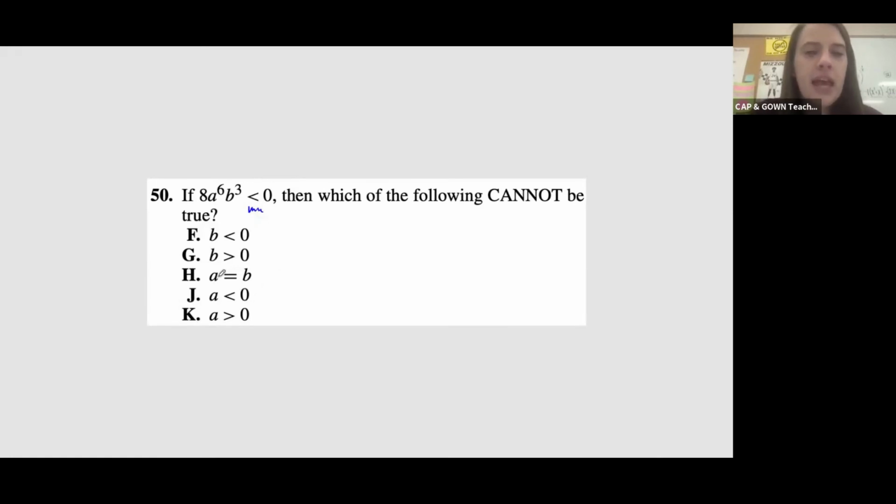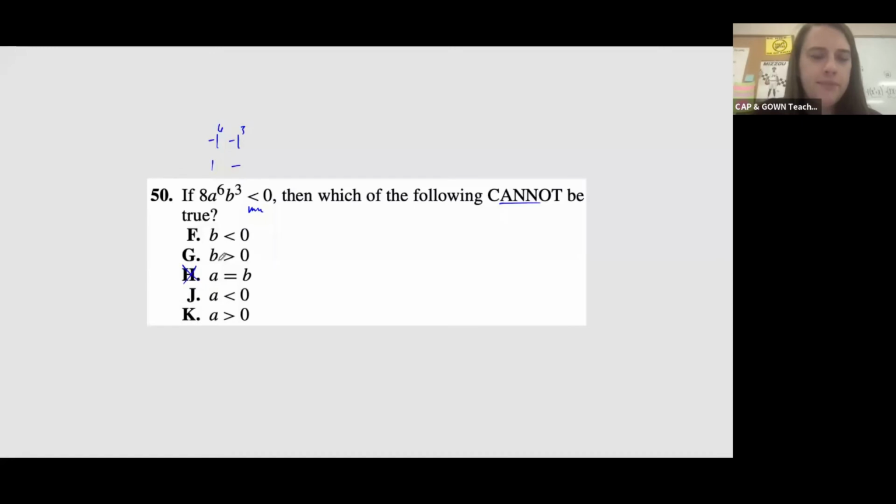If A were equal to B, and I made them both negative numbers, -1 to the 6 would end up being +1, but -1 to the 3rd is going to be negative. So that could be true, but we're asking for cannot be true.